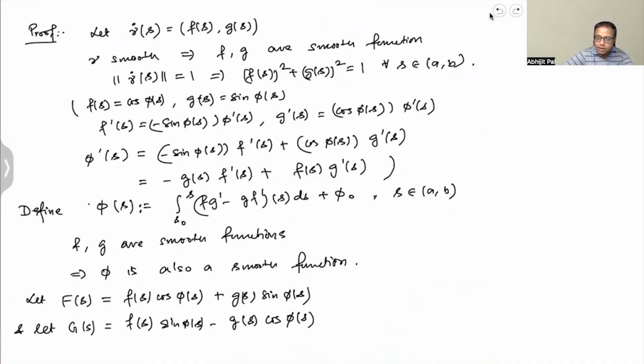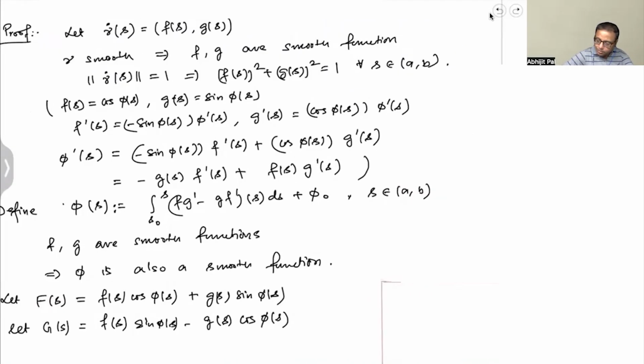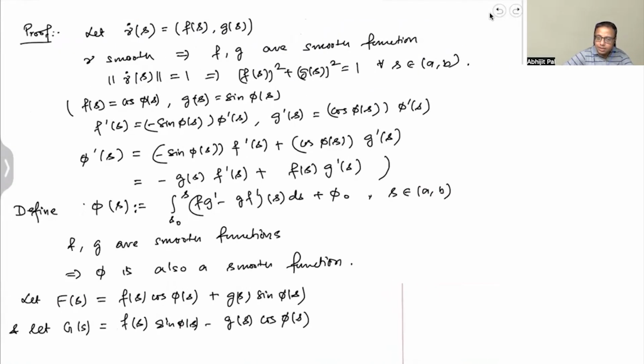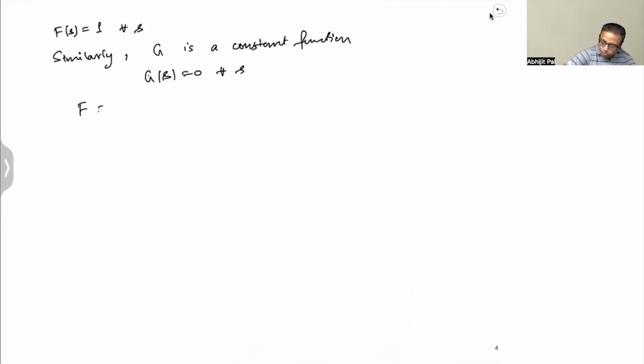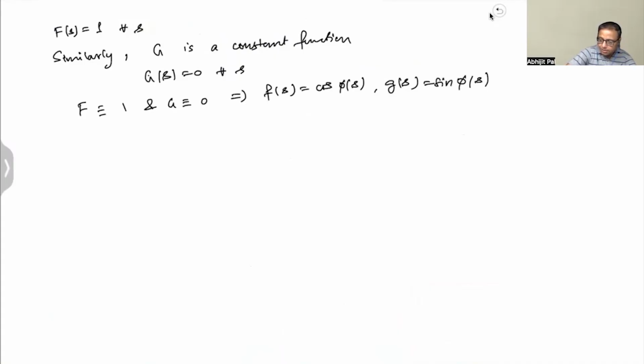So this will imply that f is equal to cos phi s and g is equal to sin phi s. So F equal to 1 and G equal to 0 implies that f s is equal to cos phi s and g s is equal to sin phi s.